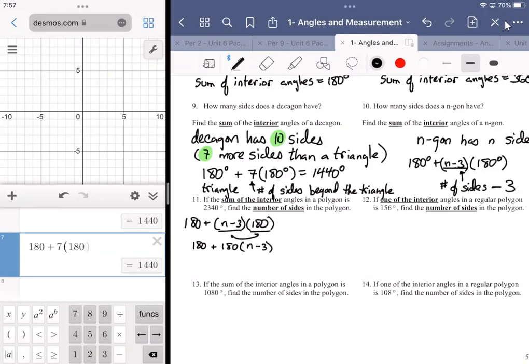But then we could use the distributive property to run through with that 180 degrees. I left the degree symbol off, but we'll put it back on later. Use the distributive property, and you get 180 plus 180 n minus 540.